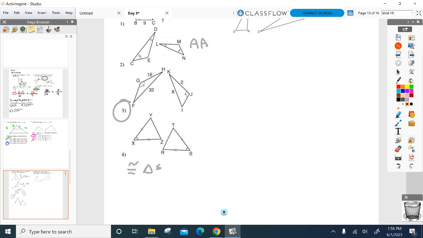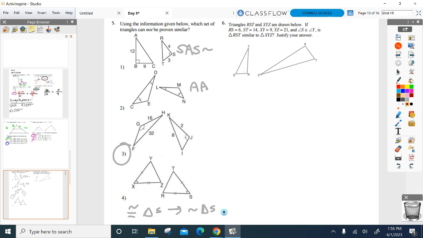These triangles are congruent by our side angle side. So congruent triangles mean similar triangles every time. Not the reverse, though. Not the reverse, but that way, yes. And then finally, were these two triangles similar? I had S congruent to Y, and we had RS is 6, ST is 14, XY 9, YZ 21.